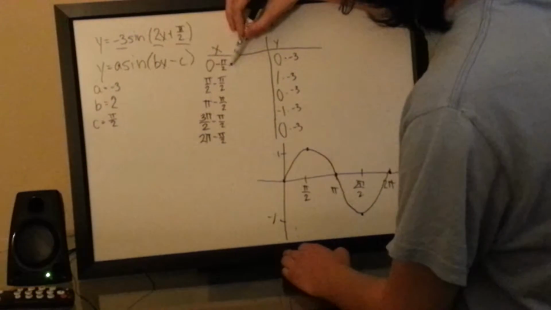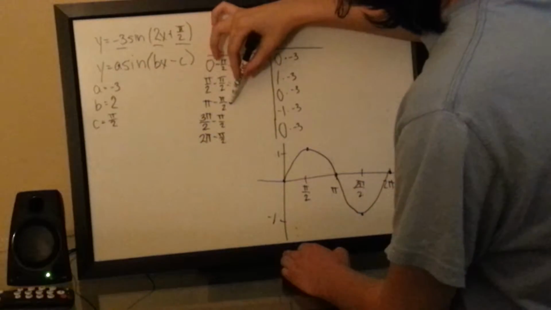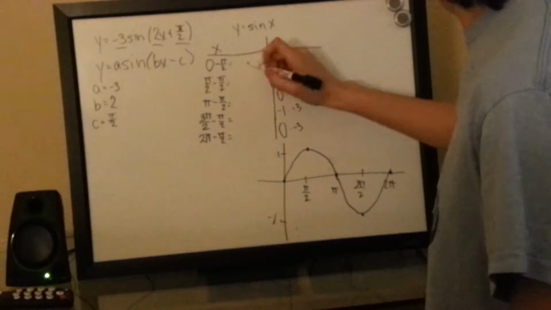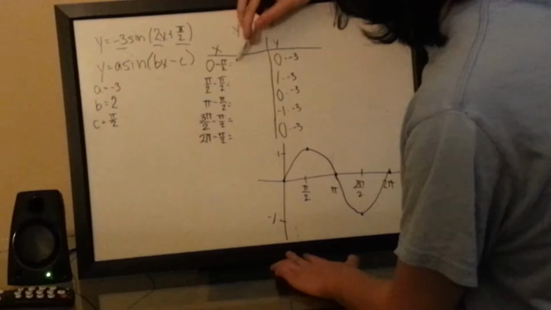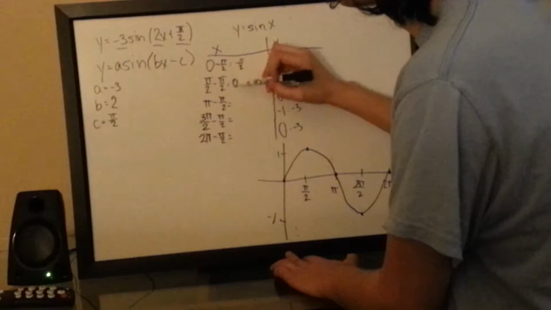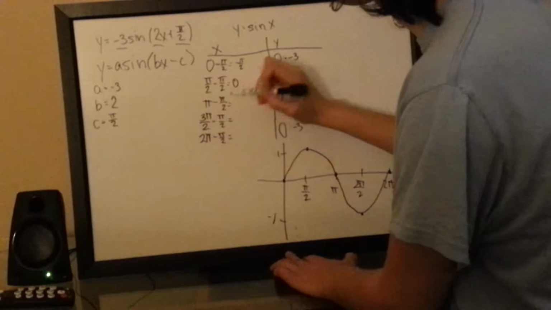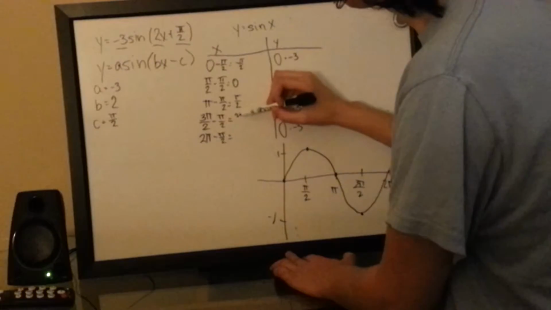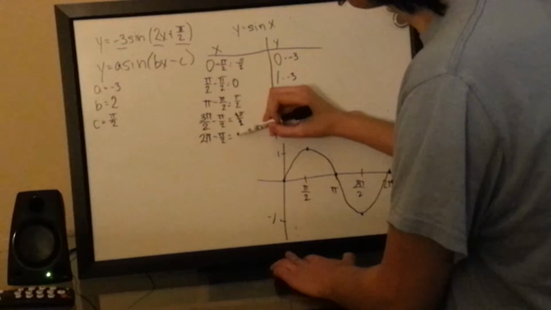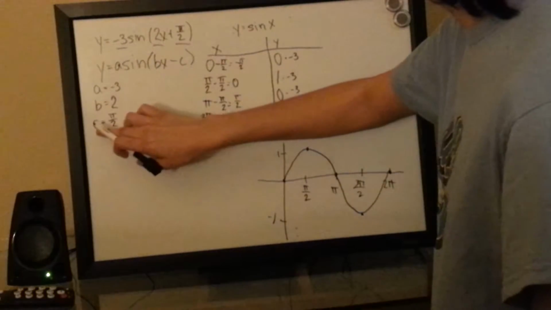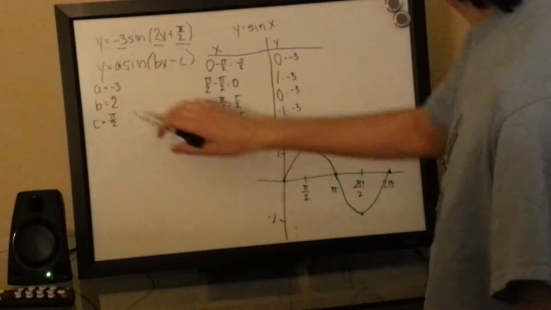And then we get the values negative pi over 2, 0, pi over 2, 2 pi over 2, and 3 pi over 2.